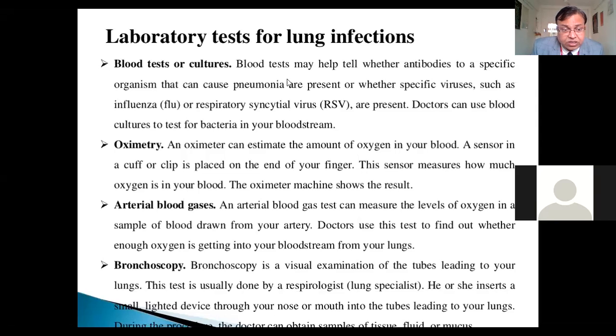He or she inserts a small lighted device through your nose or mouth into the tube leading to your lungs. During this procedure, the doctor obtains samples of tissue, fluids, and mucus, and also sees the inner picture of the lungs.